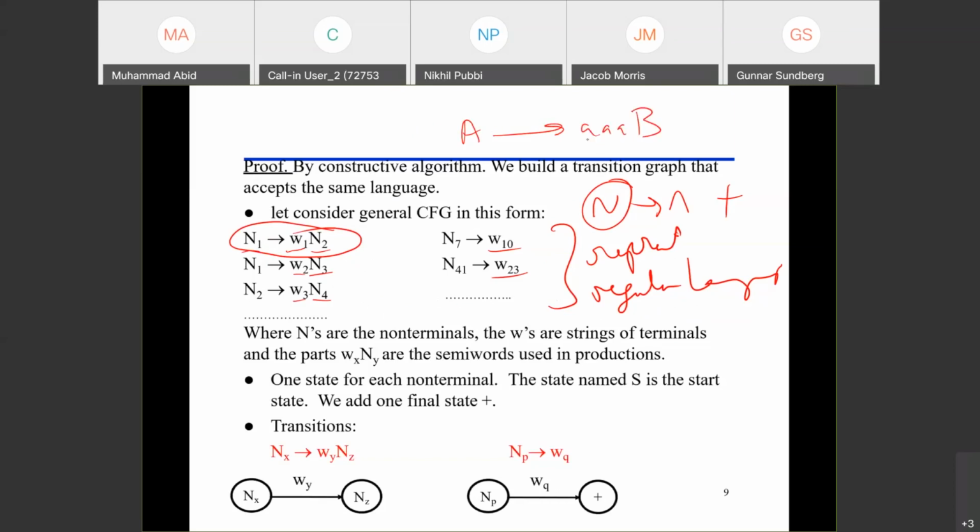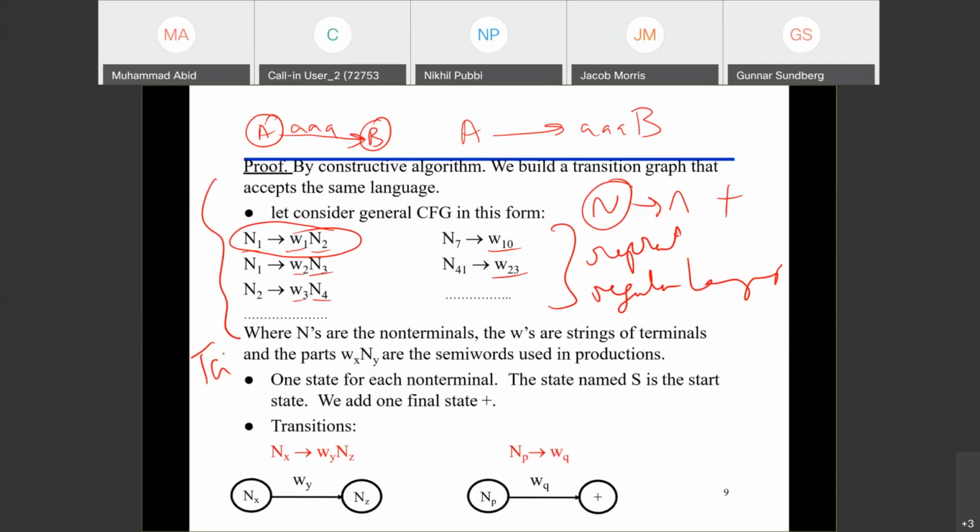It means you have one state A, you have another state B, and the edge from A to B has the label aaa. This is not an FA, because an FA never has a word on the label. This is a TG.